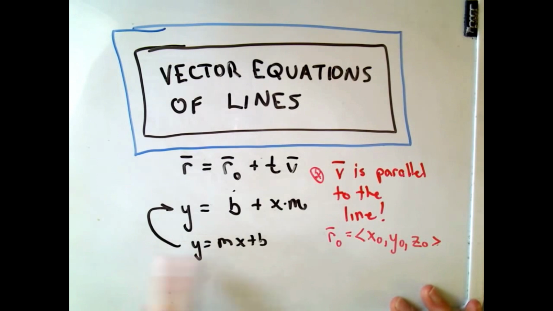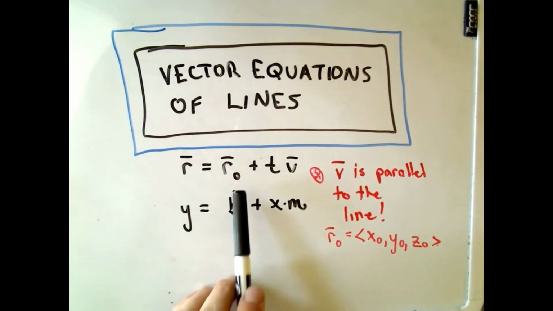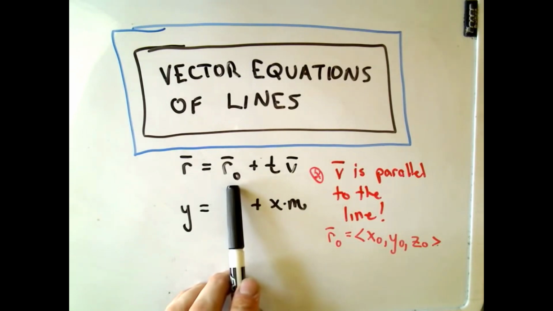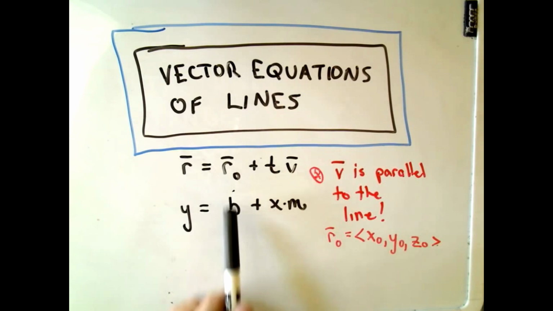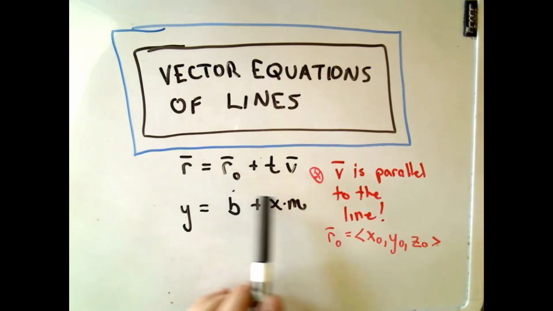It's kind of analogous to me. It's not the same, but this is a way for me to remember it. In slope-intercept, b is a point that the line goes through. Well, it's actually a very specific point. It's the y-intercept. And instead of the y-intercept, now we're using a generic position vector. But to me, basically instead of b, we're using a point on the line.